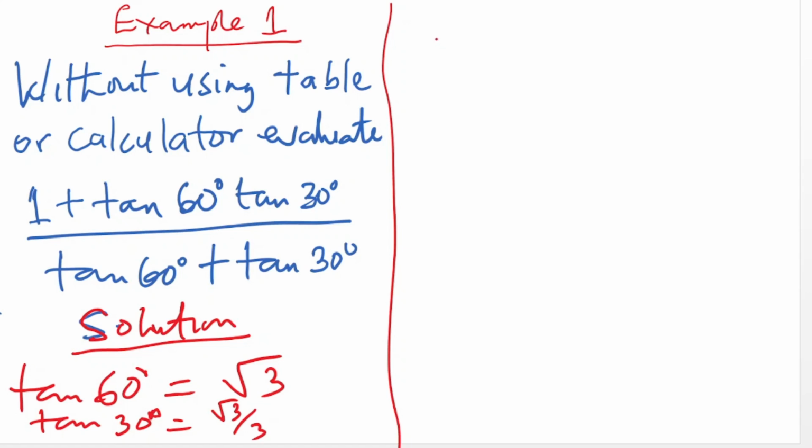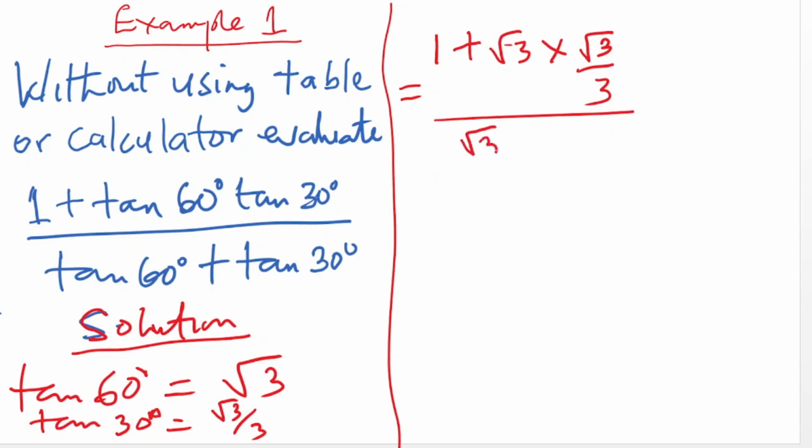That means we're going to have 1 plus tan 60 degrees, which is root 3, multiplied by tan 30 degrees, which is root 3 over 3, all divided by tan 60 degrees, which is root 3, plus tan 30 degrees, which is root 3 over 3.